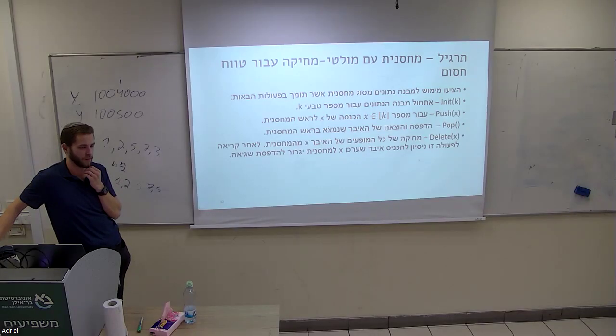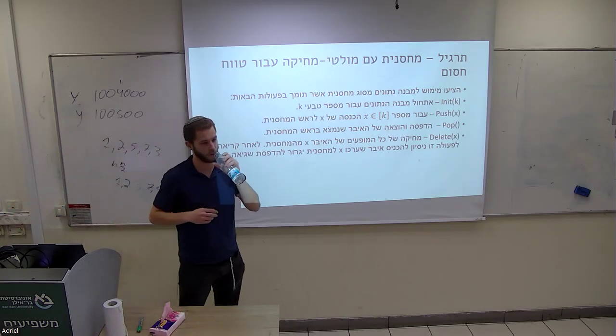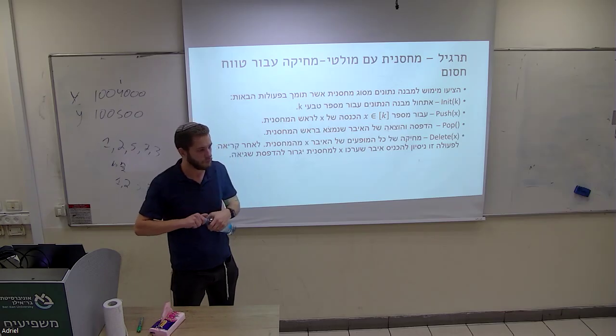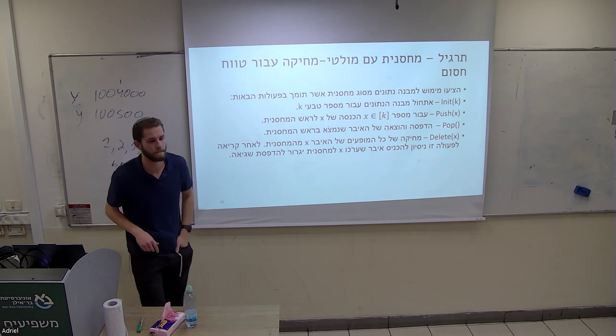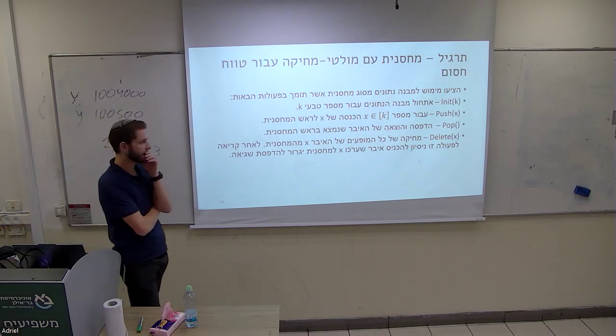I think that you make a stack and then you make k buckets, so maybe two stacks and k buckets. Every time you input a number, you just put it in. How much time should the delete take?